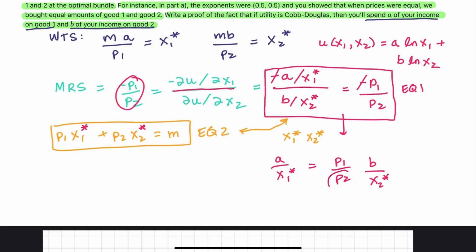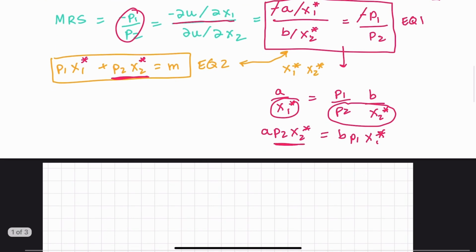Let me multiply this both sides and then also this to both sides. So I'll get A P2 X2 star is B P1 X1 star. And now I have a P2 X2 over here. So I want to solve for P2 X2, I think.